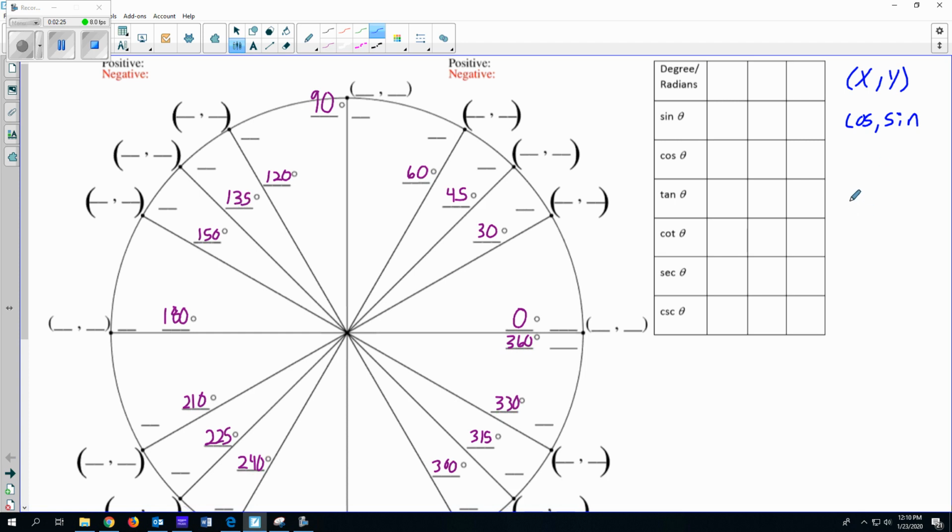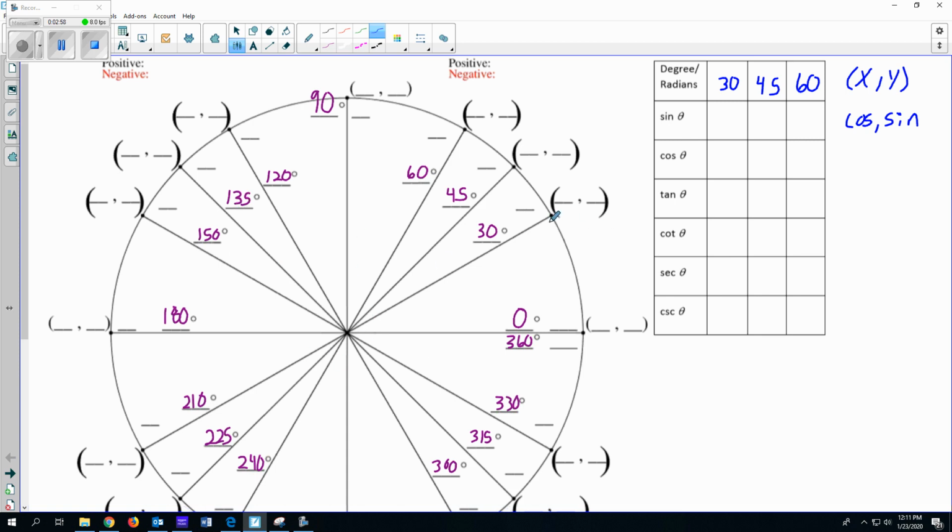This little chart is just the first quadrant, and we'll use reference angles to refer to this for our other angles inside the unit circle. If you fill out the first quadrant, you should be able to refer back to it. You just have to make sure you know your signs for each quadrant, and we can talk about that.